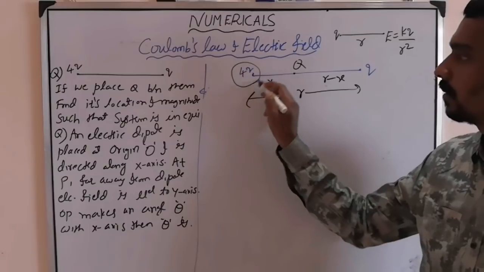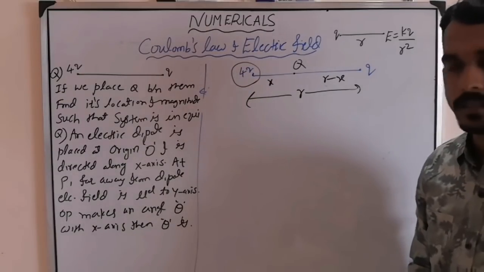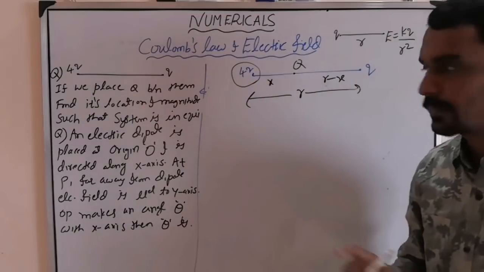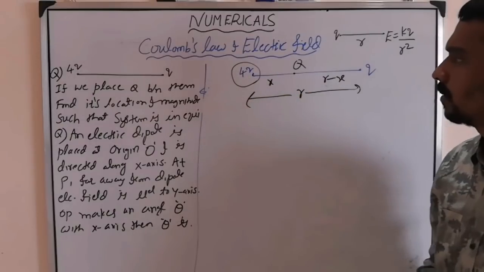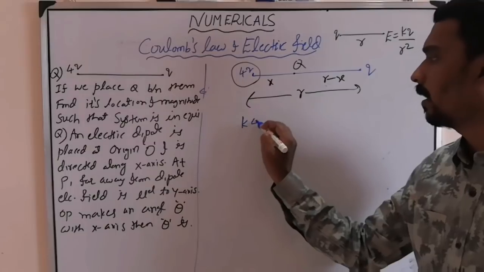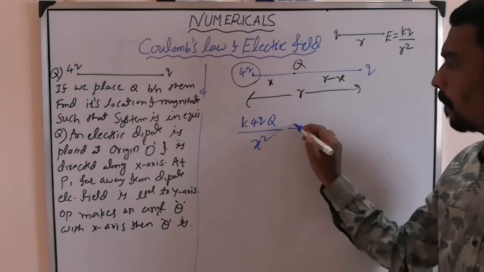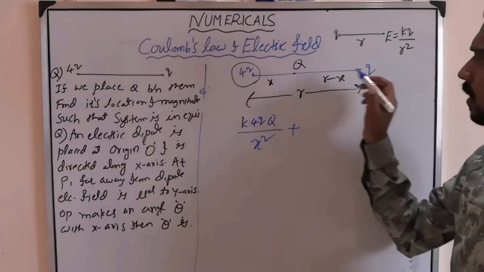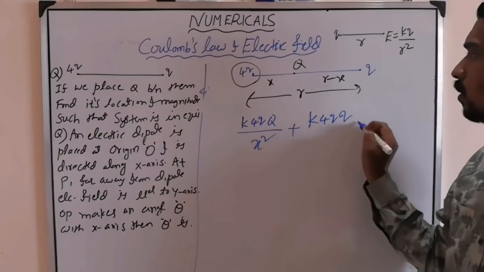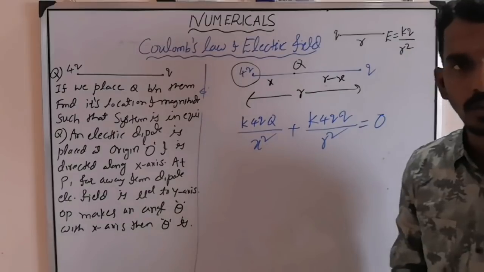Now, to find the magnitude of this charge, let me take this one. On this, how many forces will be there? Again 2. This will apply one force, this will apply one force. What is the force between these two? K 4q q by x square plus what is the force due to this? K 4q q by r square should be what? 0.